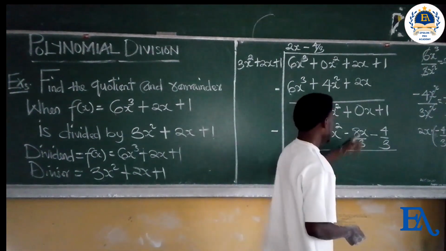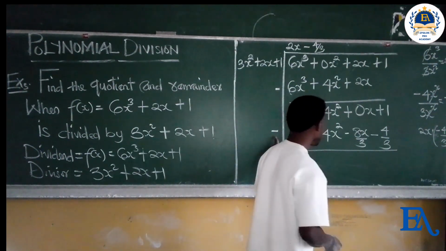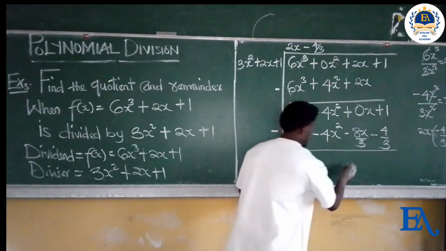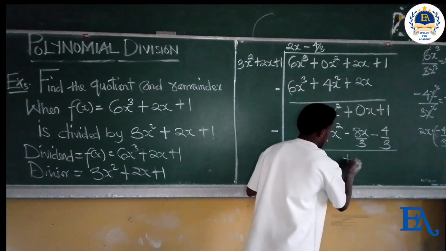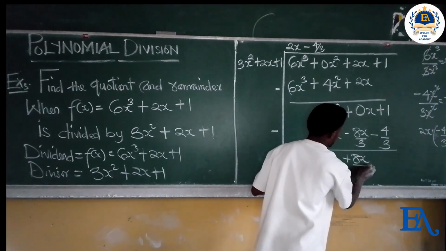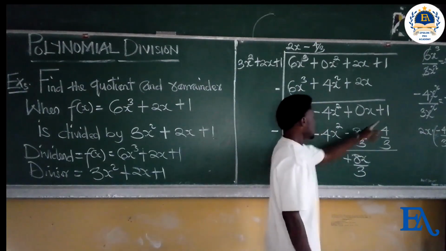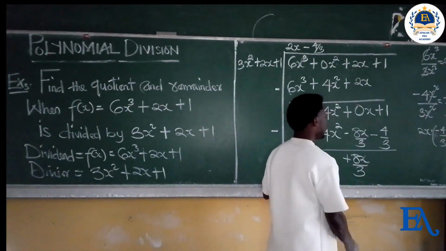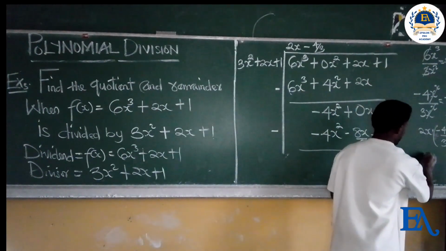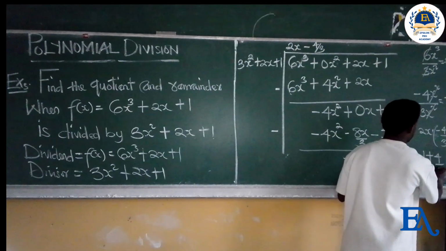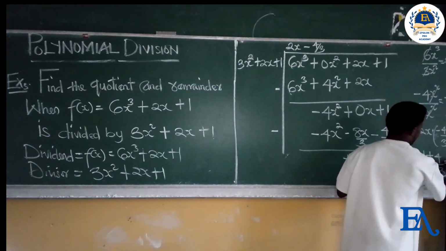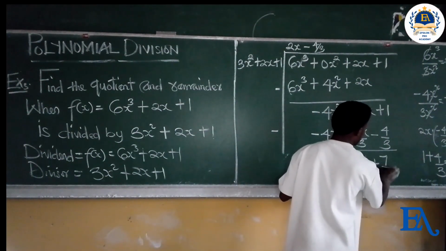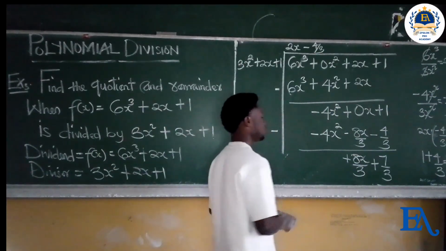Move on to the next term. 0x minus minus 8x over 3 gives plus 8x over 3. 1 minus times minus 4 over 3 gives 1 plus 4 over 3. So 1 plus 4 over 3 is equal to 7 over 3. So we have plus 7 over 3.